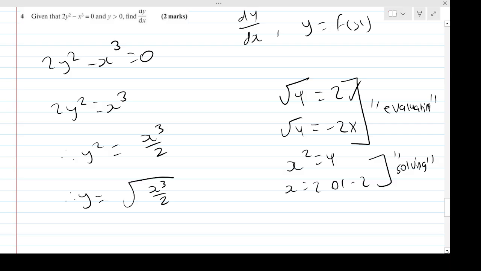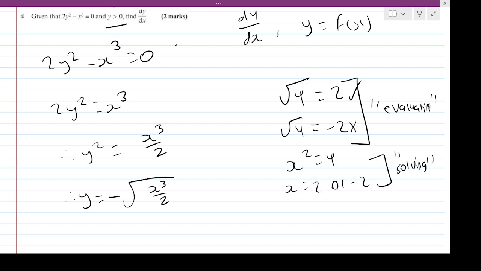So when we're just literally trying to root something, we're not finding solutions, then we don't need plus or minus. So in this case it's just plus. And actually that makes sense because they even told us that y is greater than 0. If we had minus, that wouldn't make sense because then y would be negative, and that violates what the question said. Anyway, just thought to go over that.